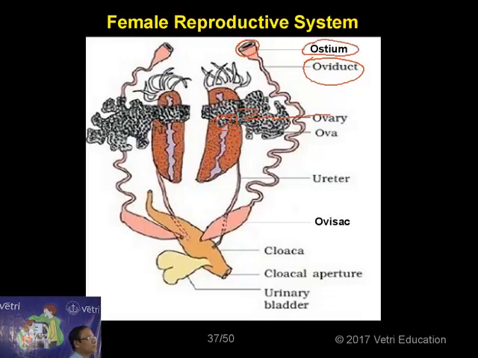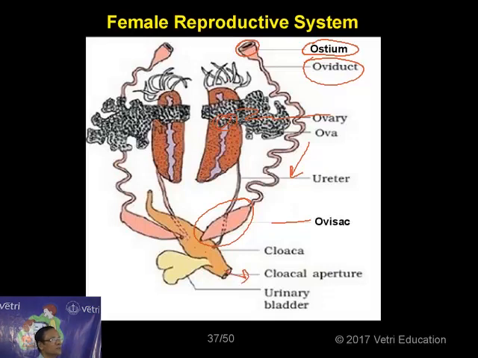It is a highly coiled duct running posteriorly, and before opening into the cloaca it enlarges to form what is called the ovisac. So the oviduct consists of the anterior funnel-shaped ostium, then the coiled oviduct, and towards the end the enlarged ovisac where the eggs are stored, and finally the eggs are released into the cloaca, from where they are sent out through the cloacal aperture.